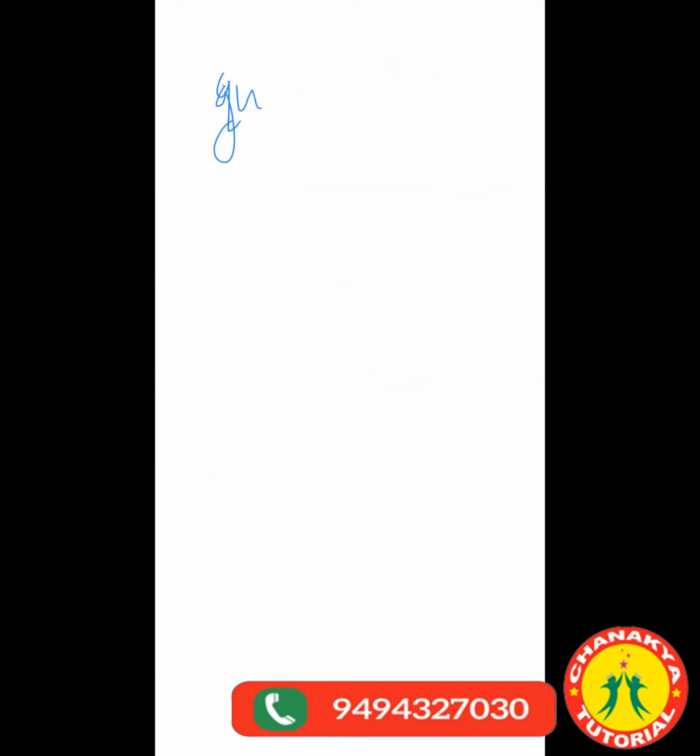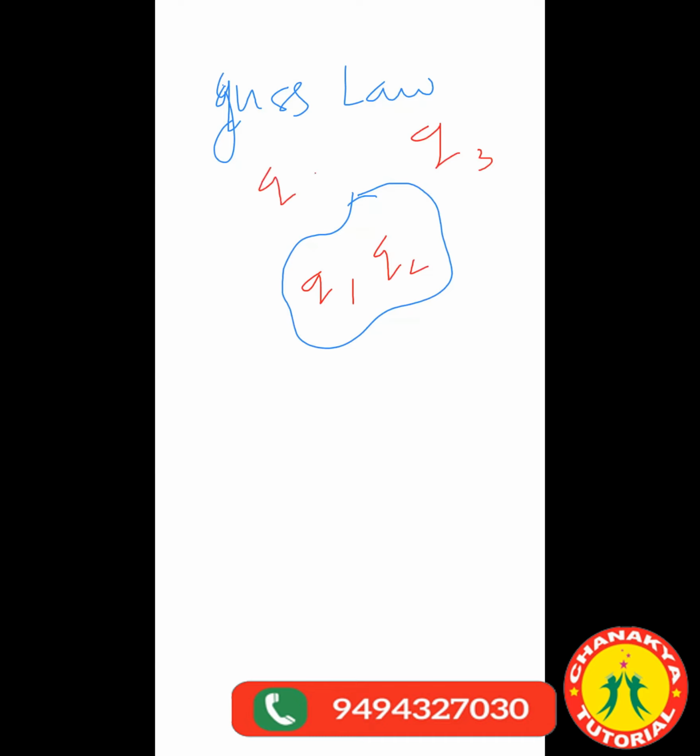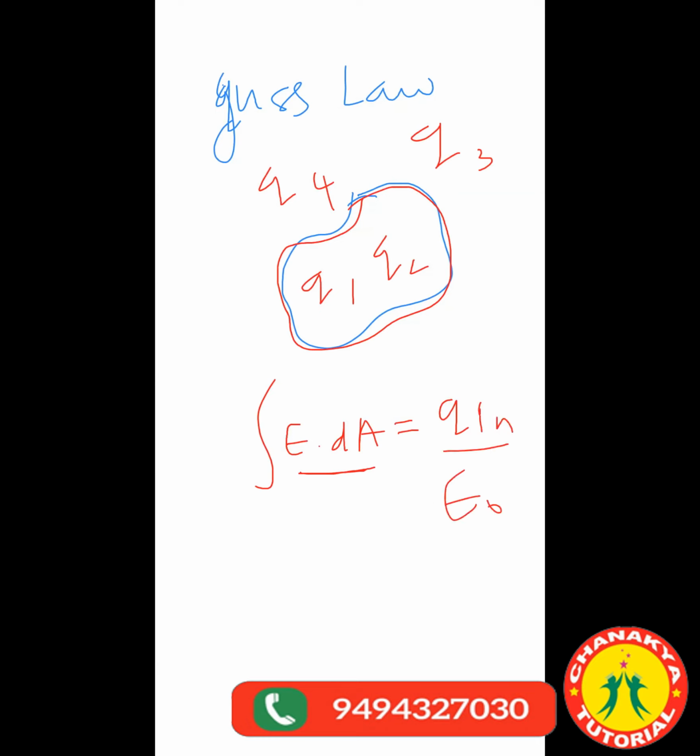What it says is that if you have a closed surface in which there are charges Q1, Q2, and outside this system there are charges Q3 and Q4, then the integral over this surface of E dot dA is nothing but the charge inside divided by epsilon naught. The integration of the electric field over this closed surface is the charge inside divided by epsilon naught.